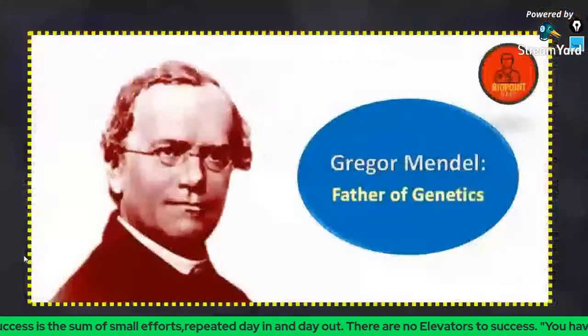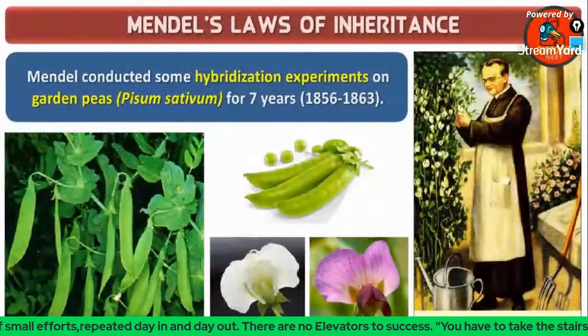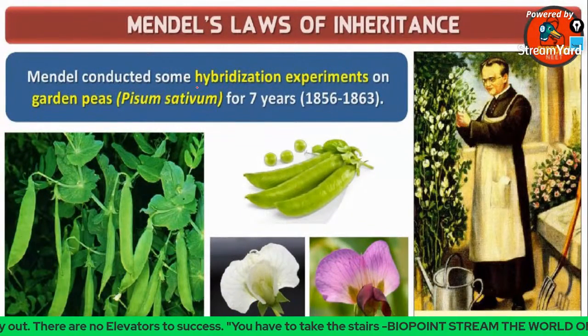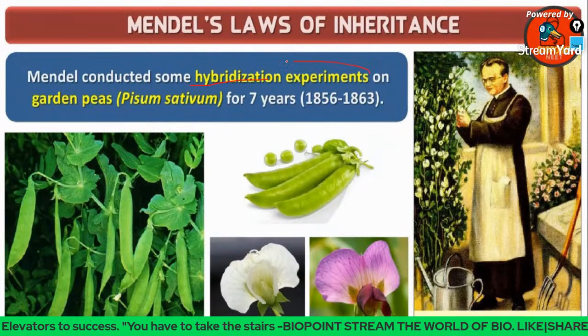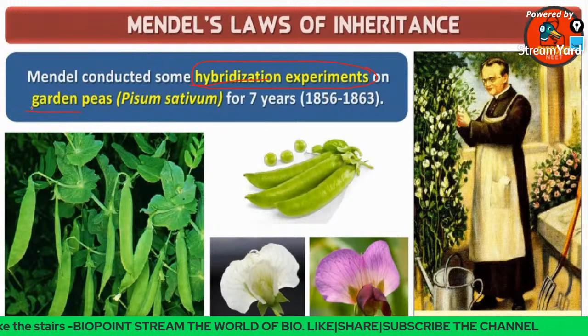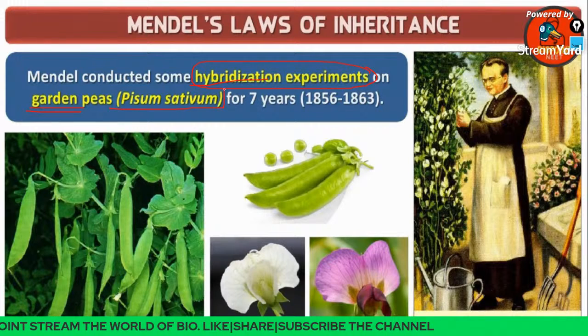Mendel conducted some hybridization experiments on garden pea, that is Pisum sativum.